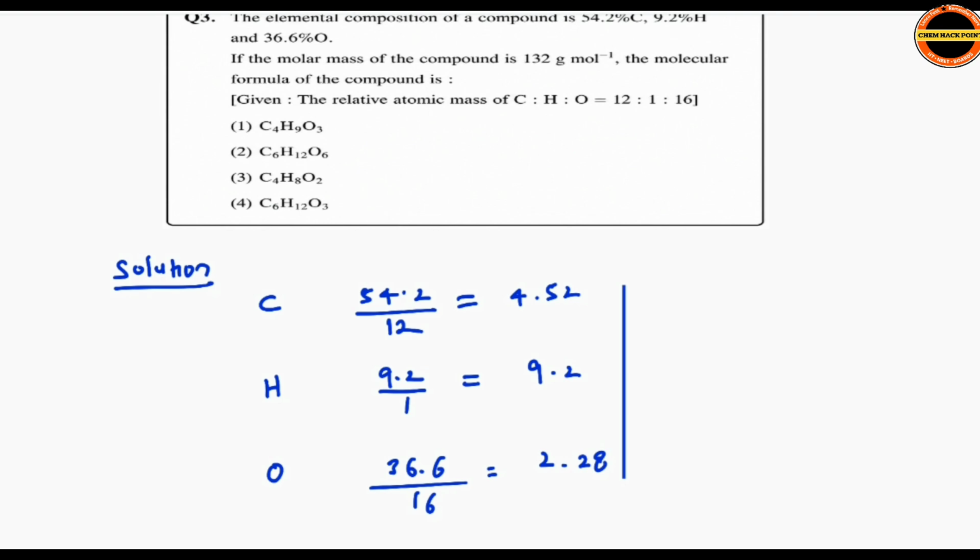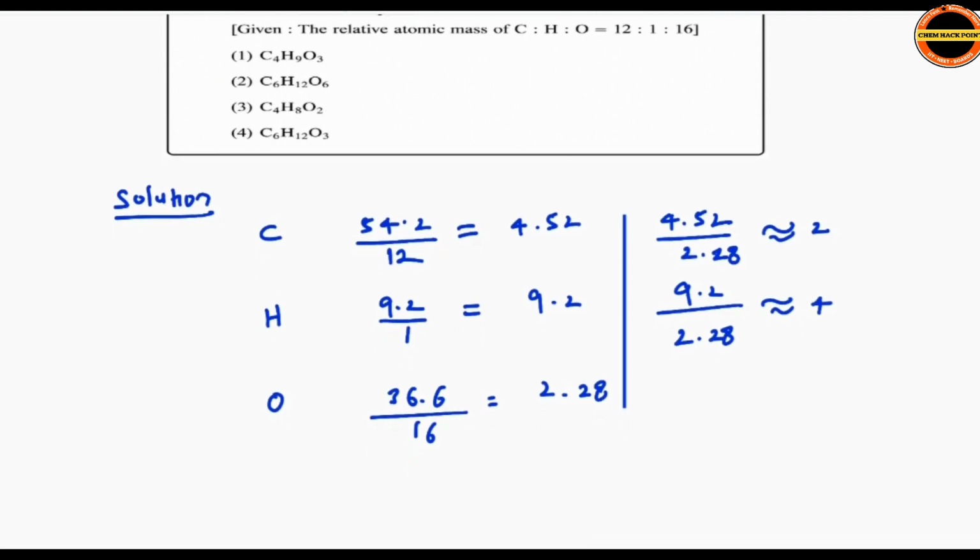So what we need to do, see now. After getting the value 4.52, dividing by the lowest value among these, which is 2.28, approximately you will get 2. Then 9.2 by the lowest value 2.28, here you are getting 4, followed by 2.28 by 2.28.